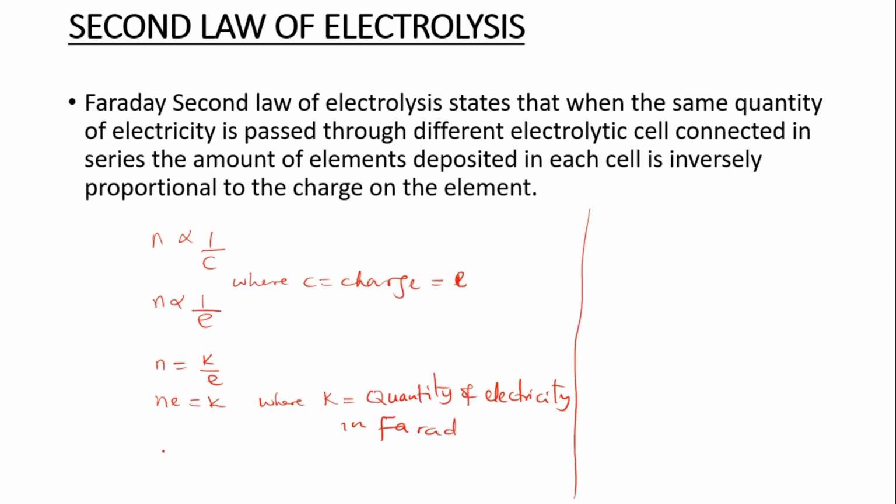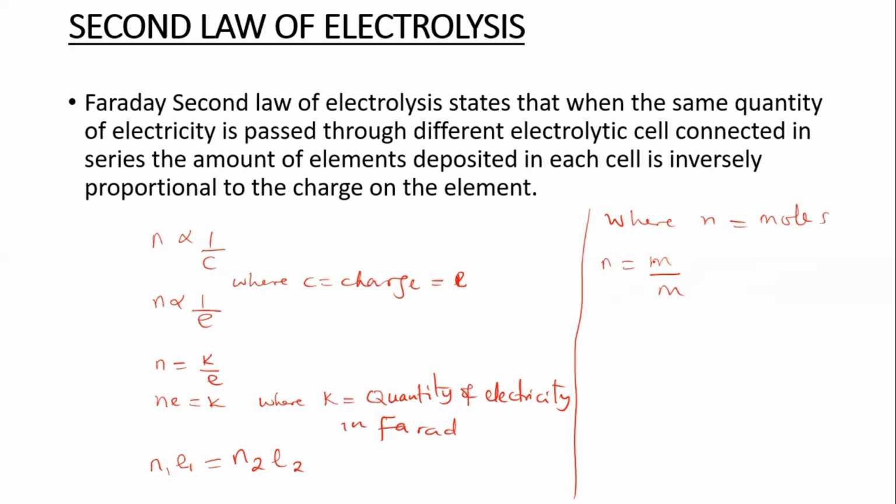Okay, so if N times E is a constant, then it means that N1E1 is equal to N2E2, where N is the amount of element in moles. And we can remember that mole is mass over molar mass, that's mass over the atomic mass.